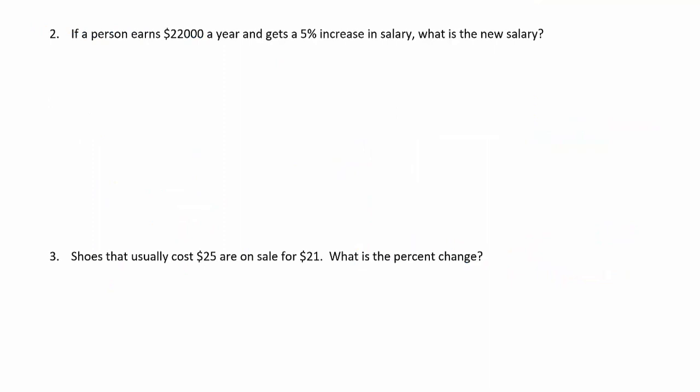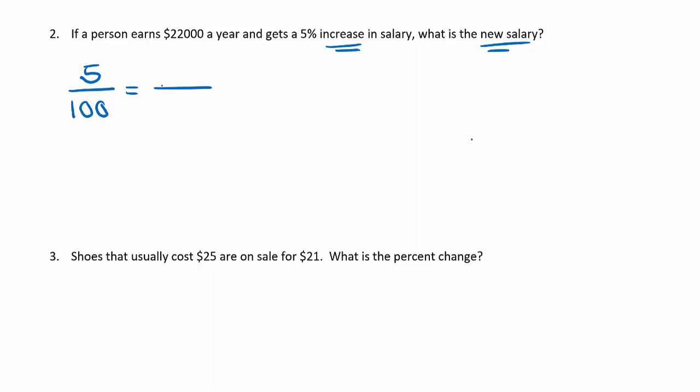Example 2, if a person earns $22,000 a year and gets a 5% increase in salary, what is the new salary? So again, this is a two-step problem. The first thing I have to do is find the increase in salary, and then I can find the new salary. So we've got 5% over 100.